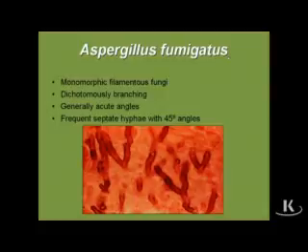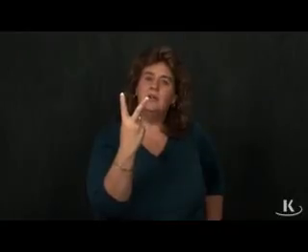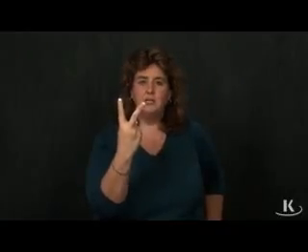And again, it's all about the morphology for diagnosis for the fungi. So what you want to remember for fungal infections is that Aspergillus is at an acute angle, typically about 45 degrees. So if you were to make the peace sign, that's the approximate angle that you're going to see Aspergillus.